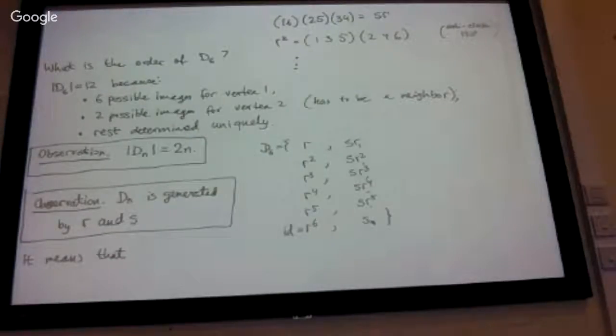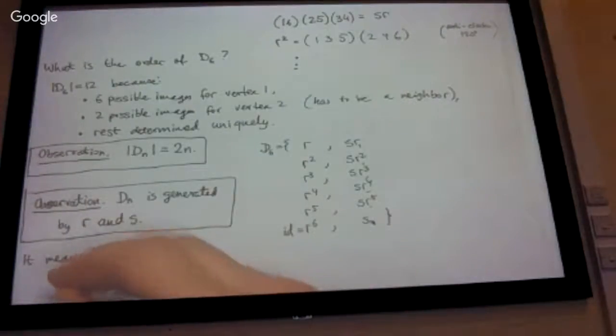With one element, it's just one element squared, cubed, to the fourth, and so on. All the positive powers, all the negative powers. But here you have to allow a mixing. So you do R to some power, S to some power, R to some power, S to some power.